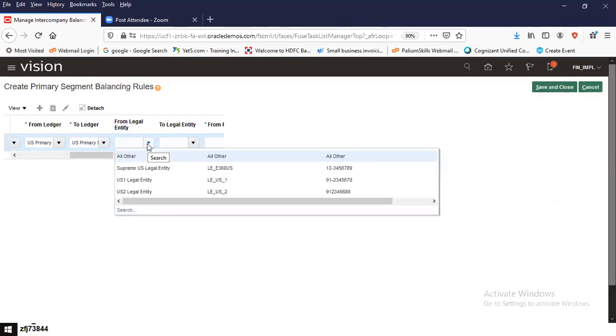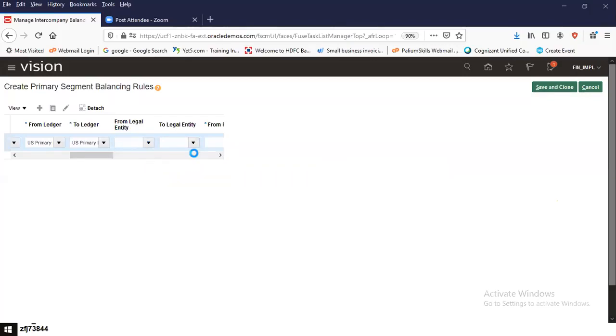from legal entity we have the US one legal entity. Since it is related to only one legal entity, we'll leave it like that. And from balancing value, what is the balancing segment value? So which is 101.